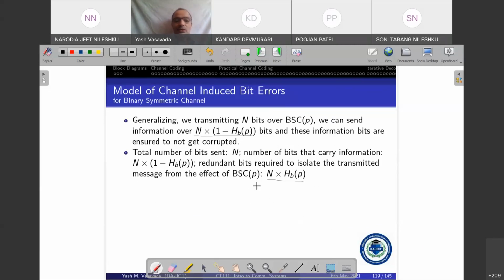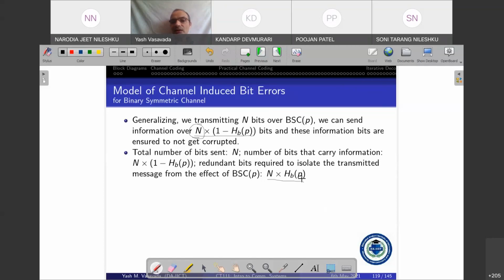So the answer to those two questions, question 1 and question 2, was that if we are sending 1000 bits per second over a binary symmetric channel, when n is 1000, and those bits are going over this binary symmetric channel with probability P of bit flips, then we cannot send more than 1000 times 1 minus the entropy of the binary symmetric channel. Those are the bits on which we can put information.